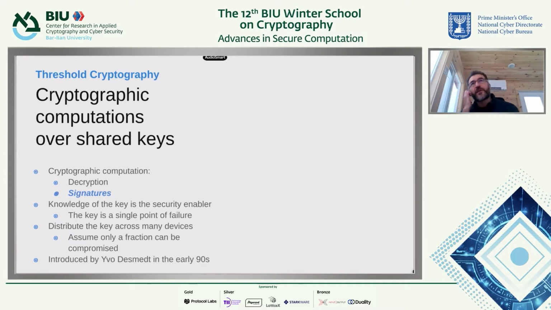Around that time, there was a lot of work around multi-party computation, and this is basically an example of multi-party computation. What makes threshold cryptography different from MPC is that we try to come up with solutions tailored to the cryptographic computation at hand, and so get something more efficient than general-purpose MPC computation.